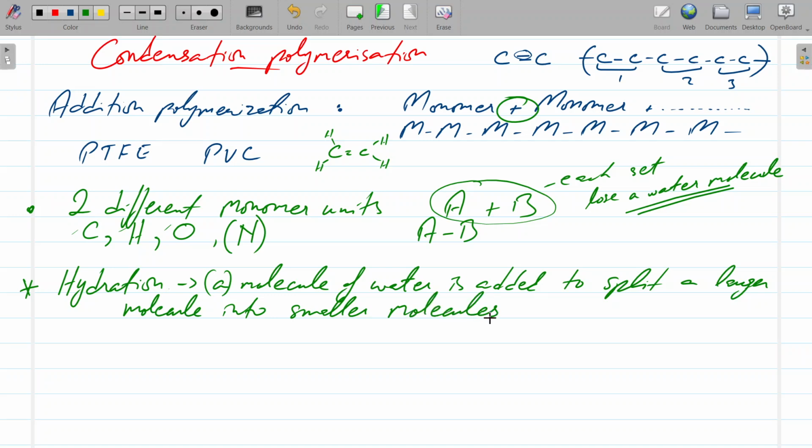So you can gather from this that when you have two monomers coming together, forming a larger molecule and losing water, you can add water and split this.